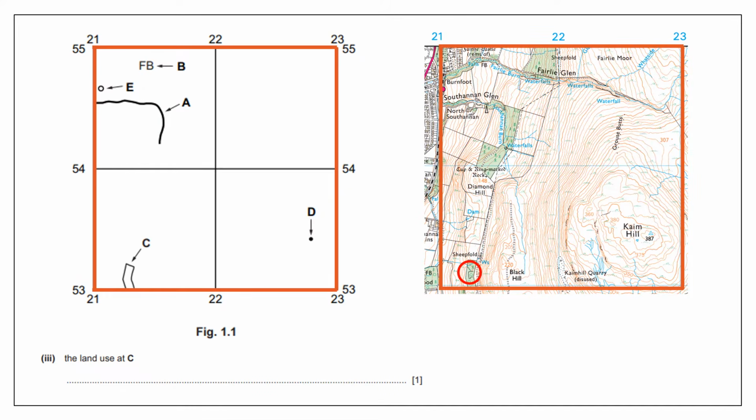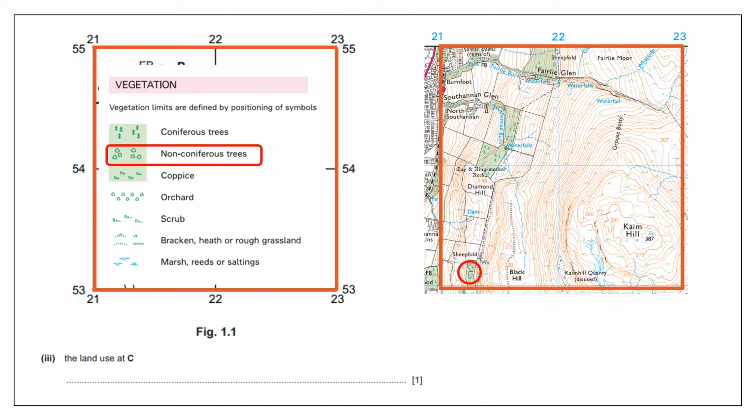We then need to work out the land use at C. Now, at first look, you might think it's non-coniferous trees, but this is when you have to be really, really careful. If you zoom in and you look very carefully at that area that's been identified, it's actually both non-coniferous trees and coniferous trees. So again, you have to be very careful with some of these, because they're now throwing in quite nasty little questions that are trying to trick you.